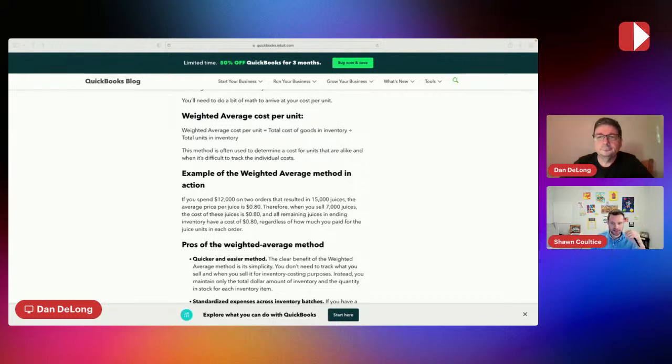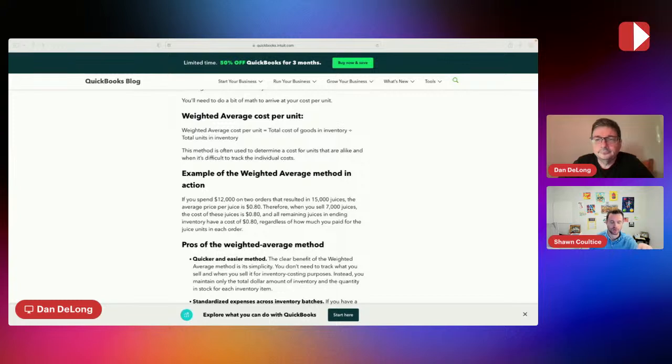And so what that does is it helps avoid significant changes in your cost. As you might have, especially in a manufacturing environment, maybe you had a machine breakdown and your operational cost was a lot higher on an individual project or run, but you have a bunch in stock that ran at the regular rate. You wouldn't have all that cost associated to one individual sales order in a FIFO or LIFO environment.